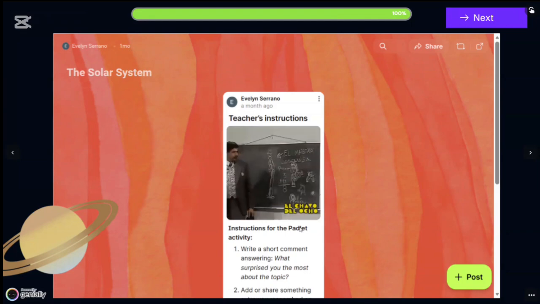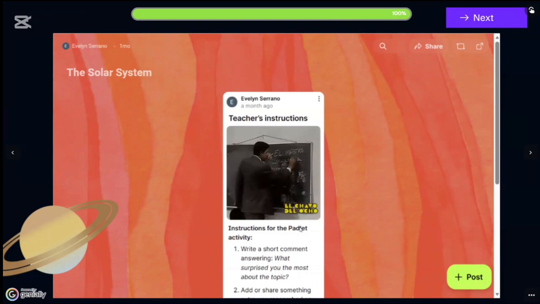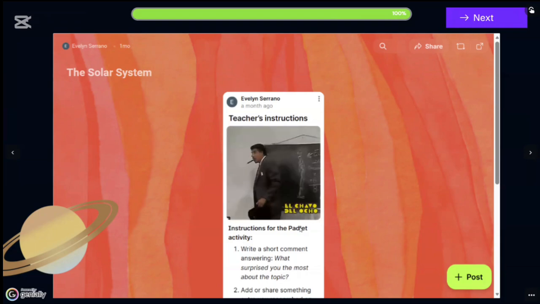Then add extra information that you really wanted to research, something not covered in class, and attach a related image. It could be a planet, a comet, the sun, anything from our solar system. Try to use our vocabulary, words like orbit, rotation, atmosphere, crater, and then leave a comment on one of them. You have 12 minutes.